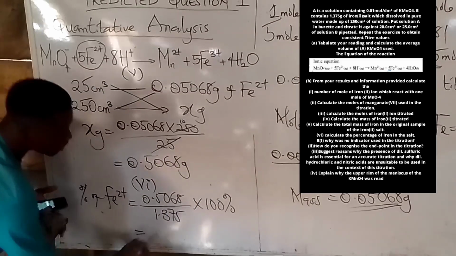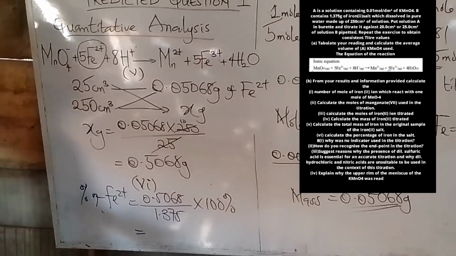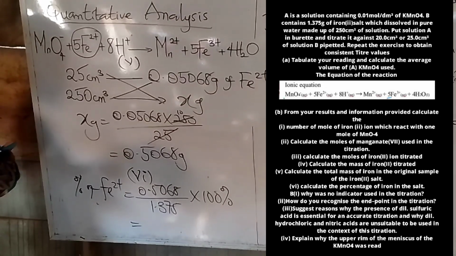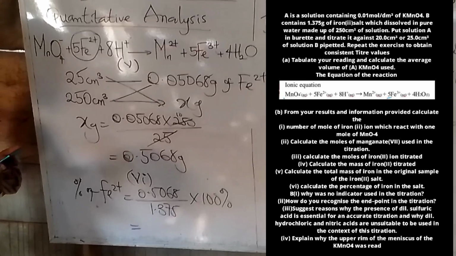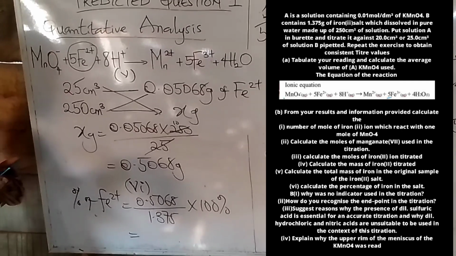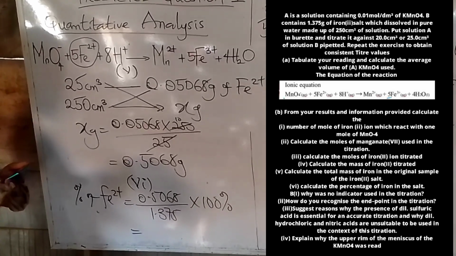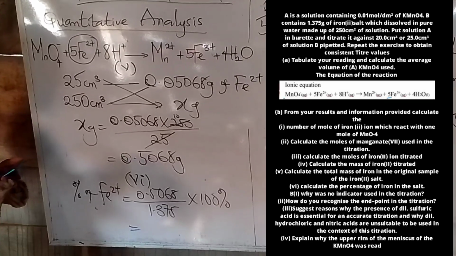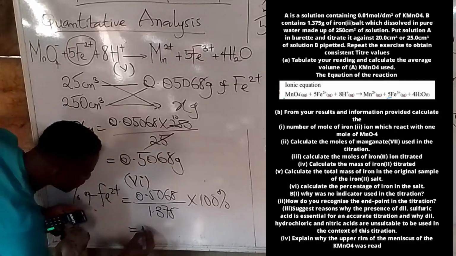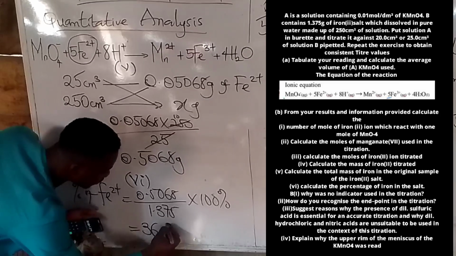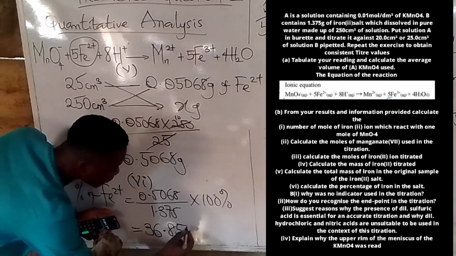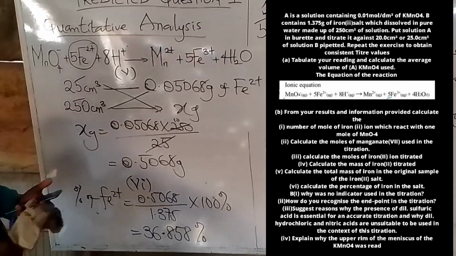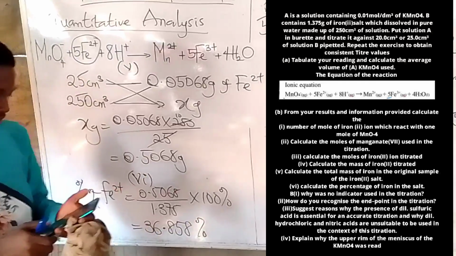I hope the answer you are going to get is this. So let me do the calculation. 0.5068 divided by 1.375. So I have my answer to be 36.858%. So the correct answer to that is 36.858%.